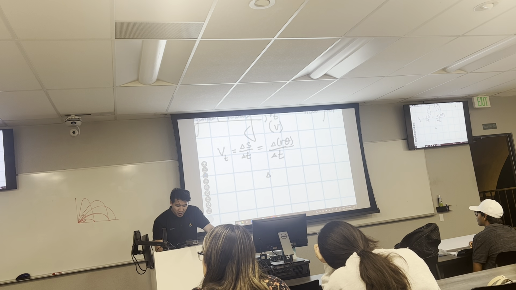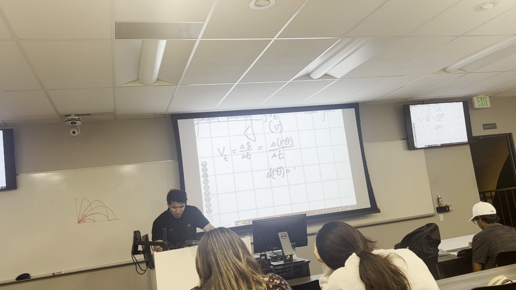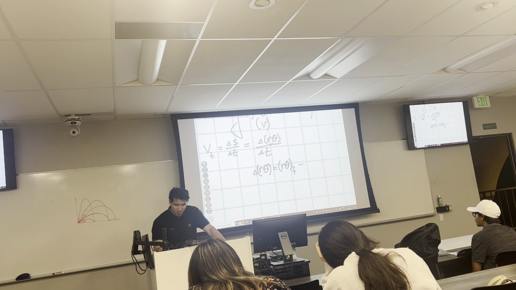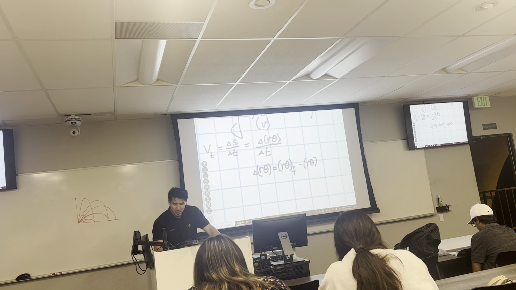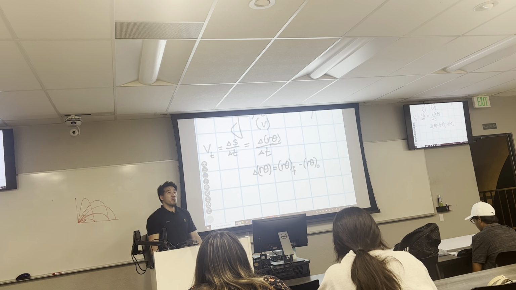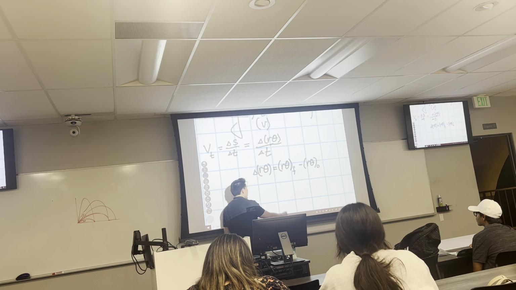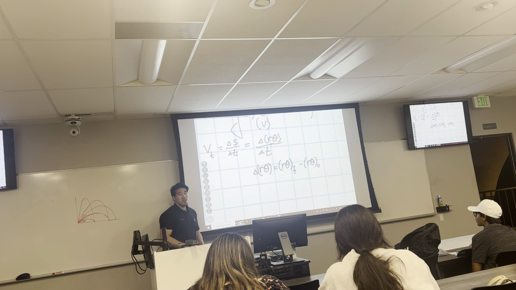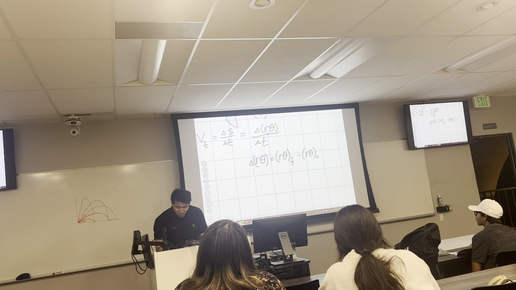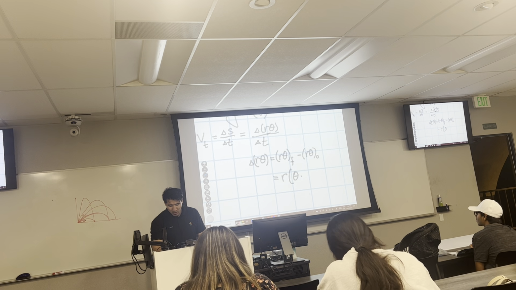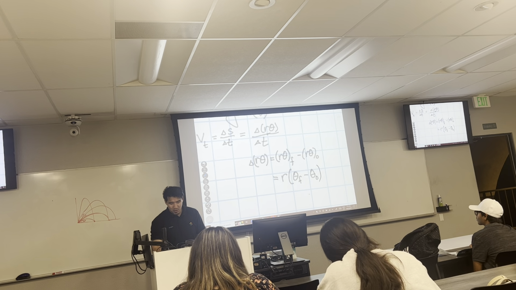Here, let's take a look at delta r times theta, what this even means. This is equal to r times theta final minus r times theta initial. Now let me ask you guys a question. Does r change in a circular motion? The radius does not, so guess what we can do? We can factor that out so that it is r times theta final minus theta initial.